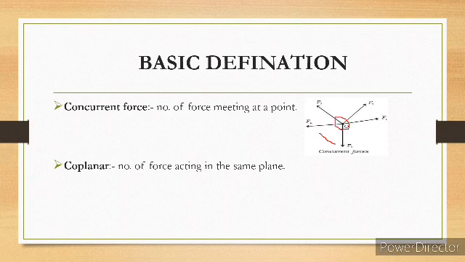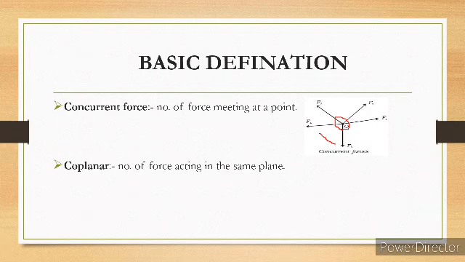So at this point all five forces are meeting. In whichever object all forces are meeting at a single point, those kinds of forces are called concurrent forces.